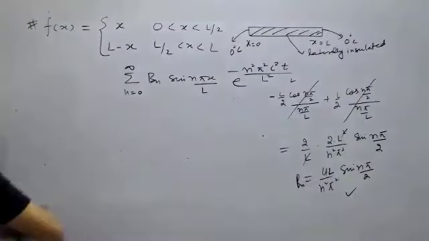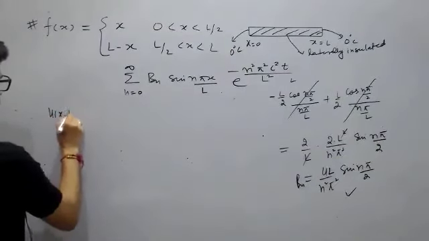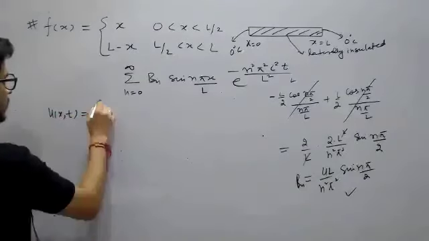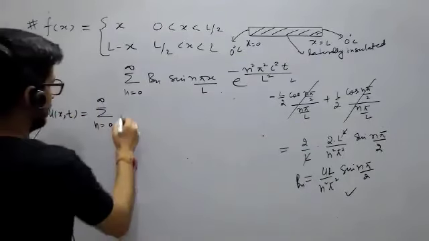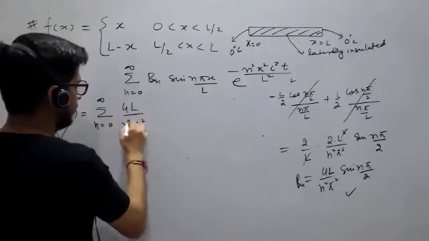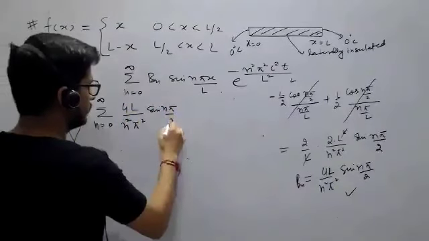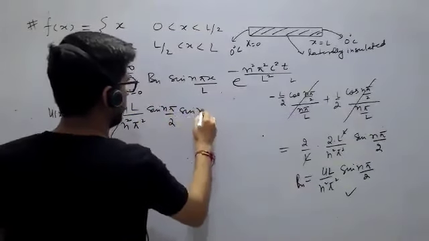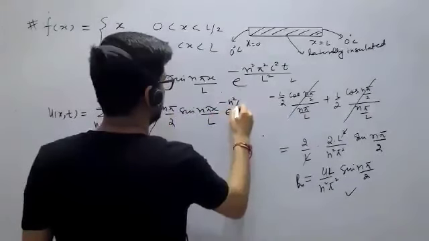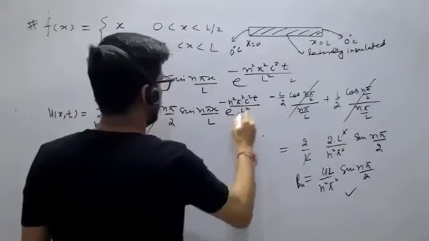The solution of this is u(x,t) equals summation n equals 0 to infinity of 4L over n square pi square sine of n pi by 2 sine of n pi x by L e to the power minus n square pi square c square t by L square.